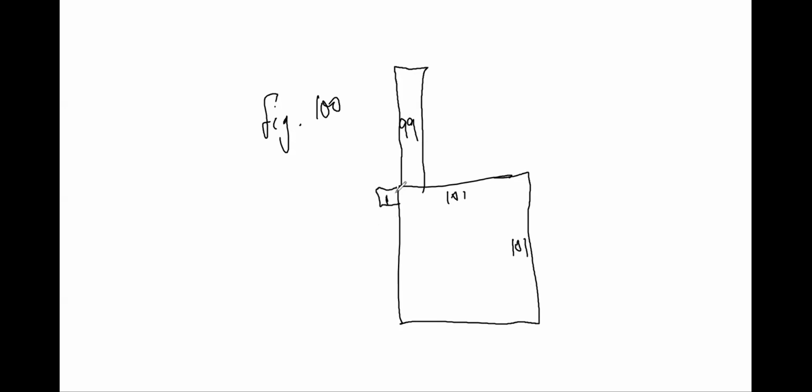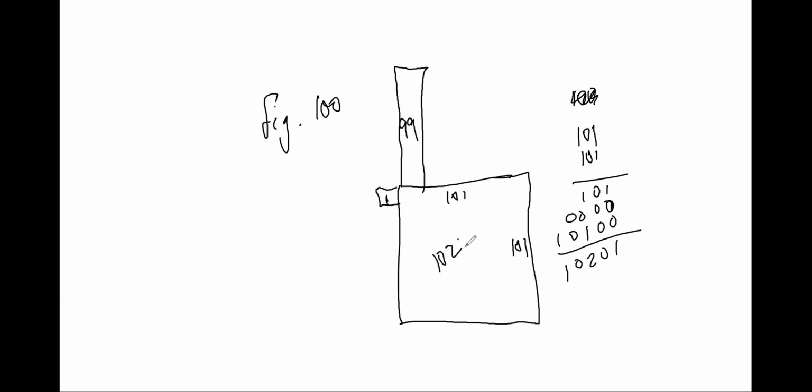So I know that it's going to have a total of whatever 101 times 101 we'll have 10,201 in here and a 99 and 1 more there.